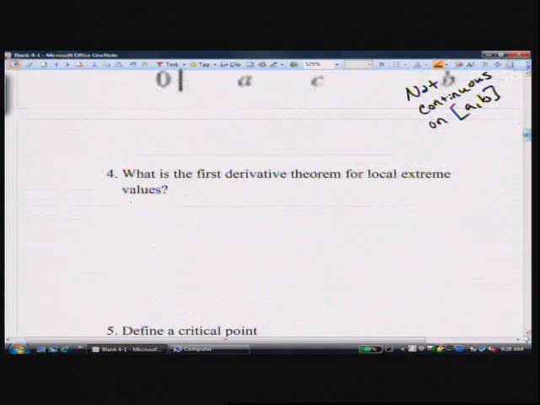Okay, all right, so now we've got a theorem. It's called the first derivative theorem.